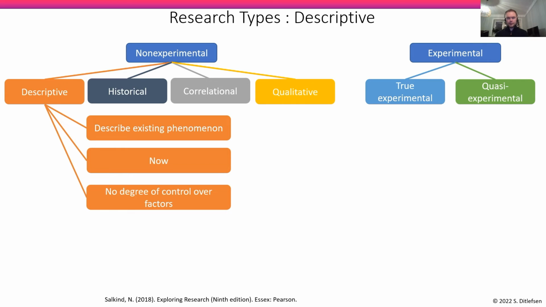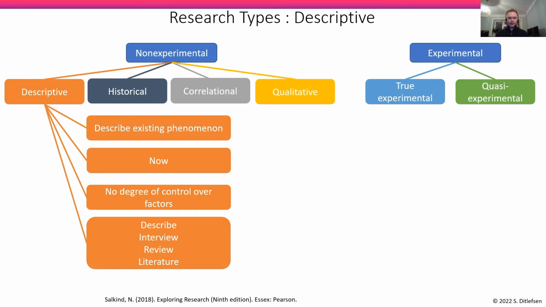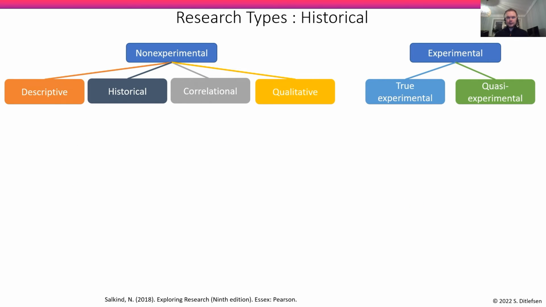So we are describing something; we have no method of altering anything. Look at keywords like describe. We use interviews, we review something, or we write literature, or we can do a survey. So descriptive describes something now: interview, literature, survey.